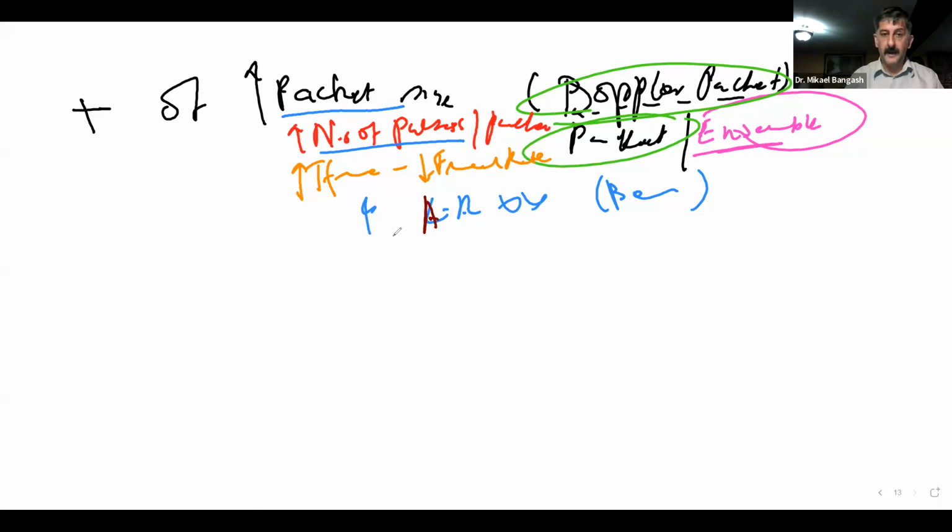So one of the main advantages of an increased packet size is increased accuracy of Doppler.